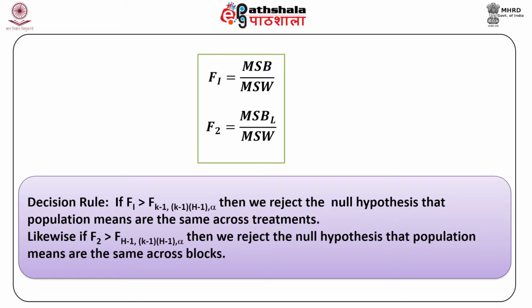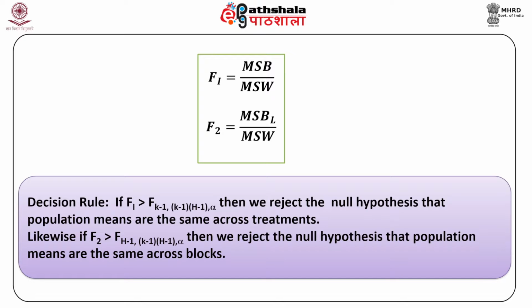Let's now look at the third step, which is the decision rule, which is similar. That is, if the F calculated is greater than the F tabulated, or F from the tables, then we reject the null hypothesis that population means are the same across treatments.